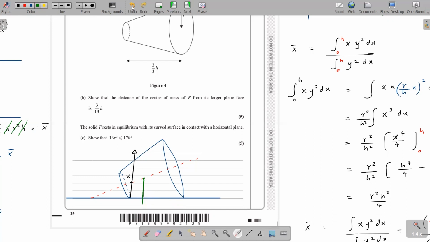But what happens if your weight is acting over here after this X? Can the line of action of the weight meet the normal reaction occurring from this point?